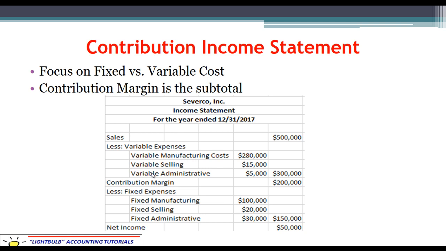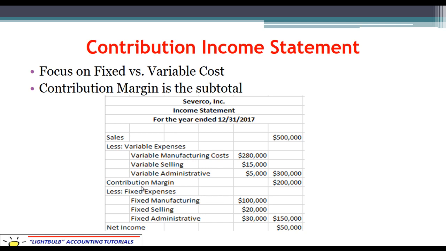Now, you may recall when we talked about CVP analysis the first time, the whole point of the contribution margin is to find out how much money you have to contribute to paying down the fixed expense and eventually leaving you with profit. In this case, we have $200,000 contribution margin, and then next we'll list all of our fixed expenses that contribution margin is intended to cover.